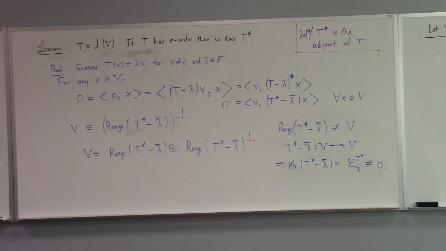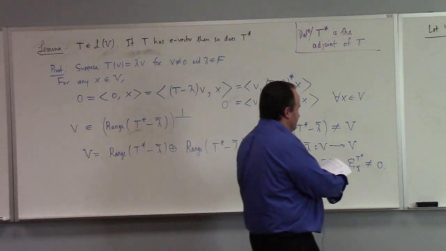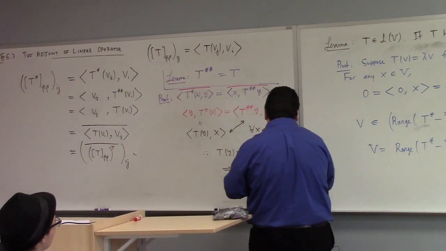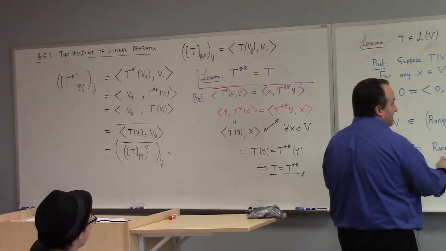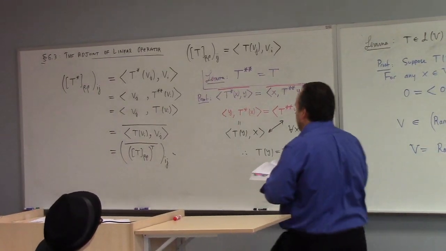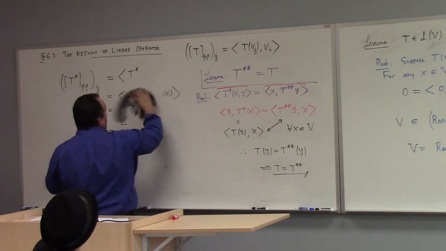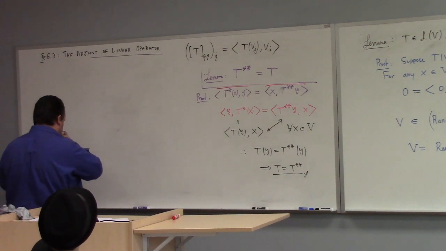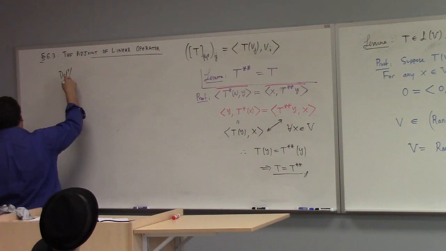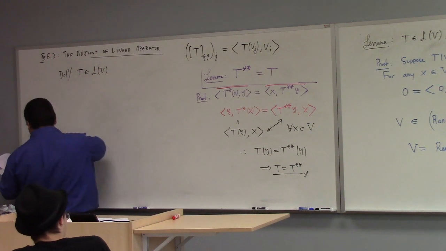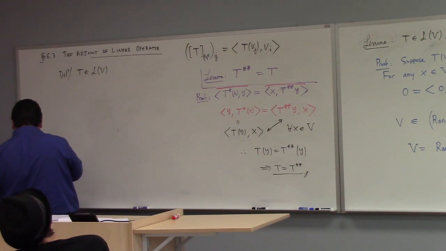So, next up, we define, if I can find a spot. I guess I'll do it over here. So definition: T, a linear operator on a finite, well, it doesn't say finite dimensional here, so just an inner product space.